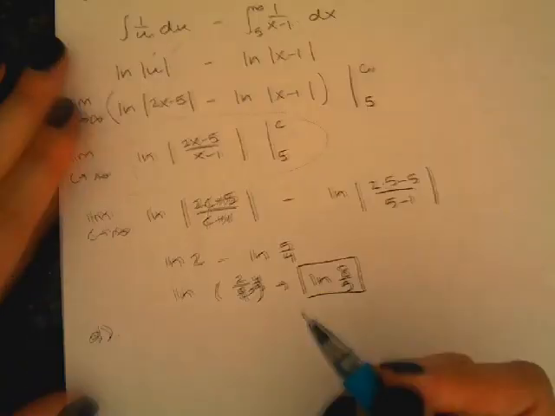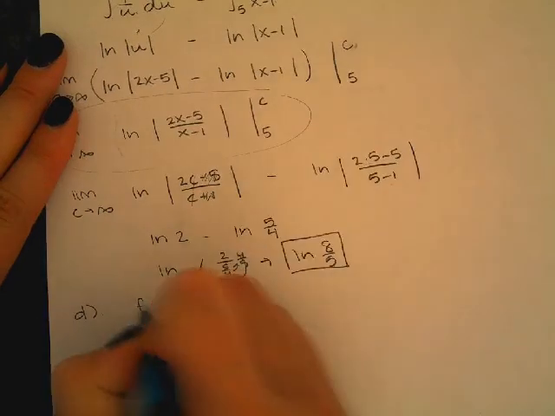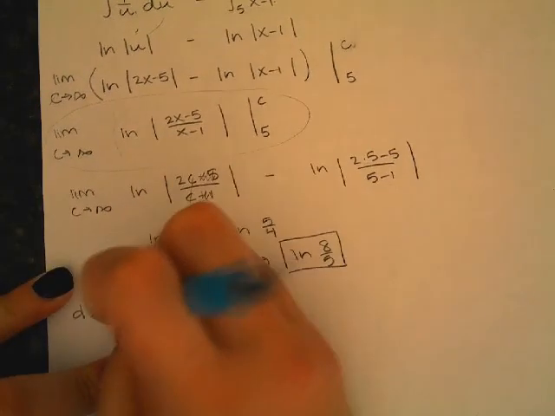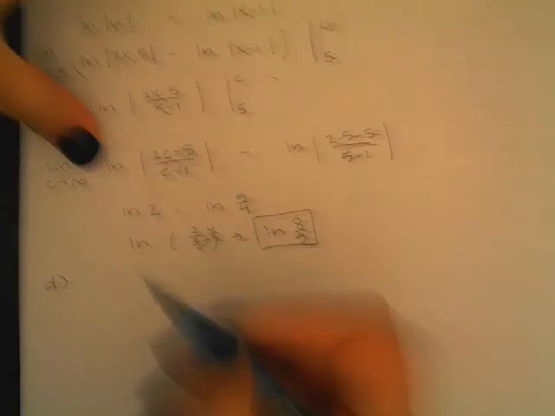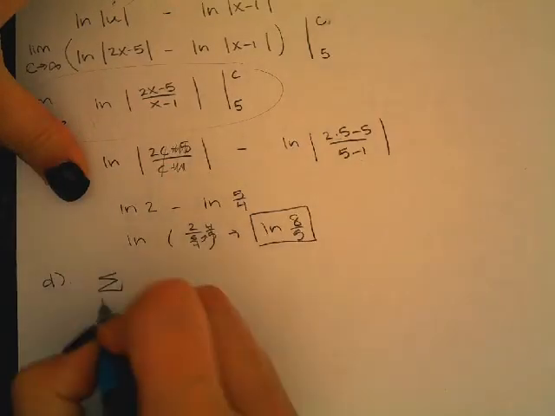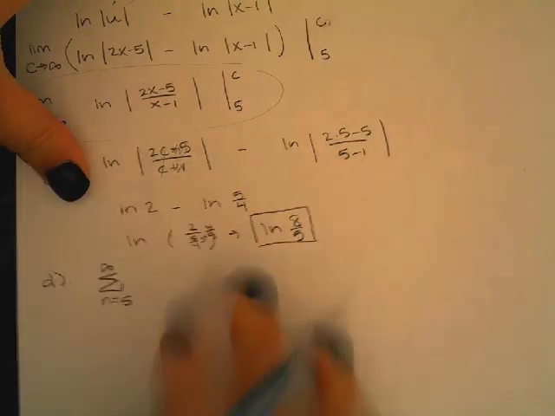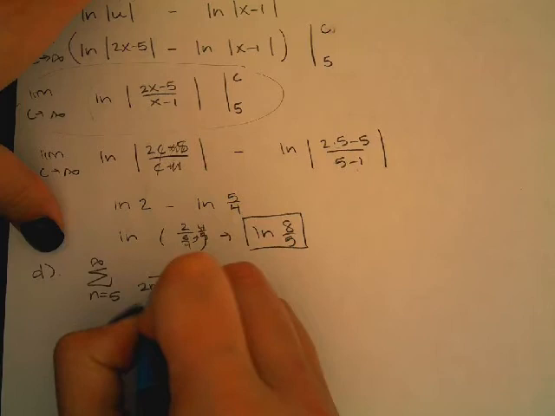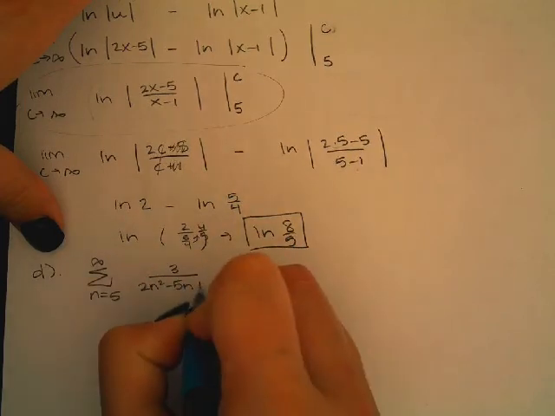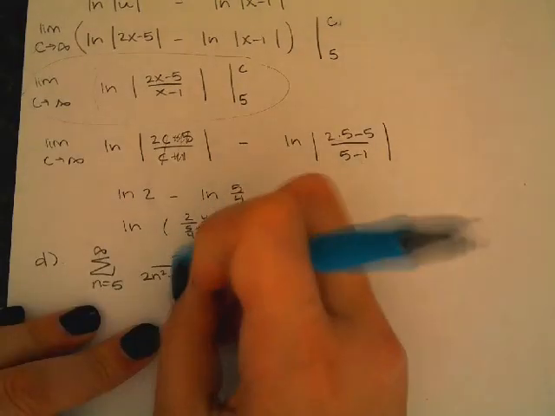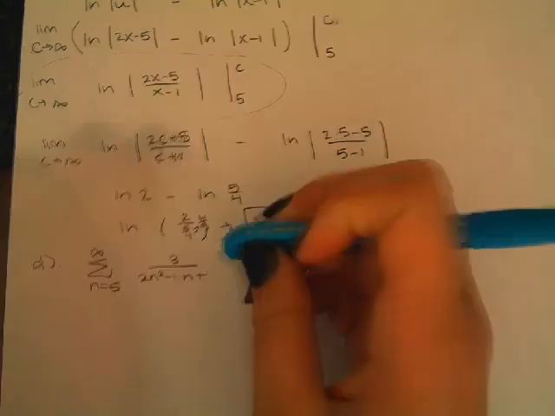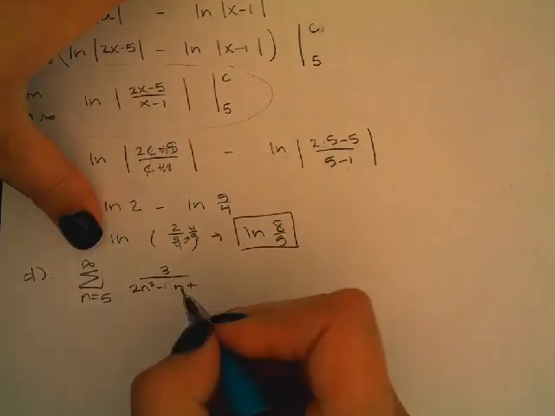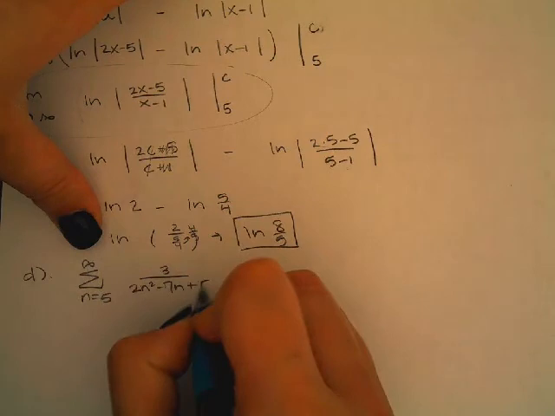So we're going to say first that f of x, actually, I'll go ahead and write this. So we'll say the sum from n equals 5 to infinity of 3 over 2n squared minus 7n plus 5.